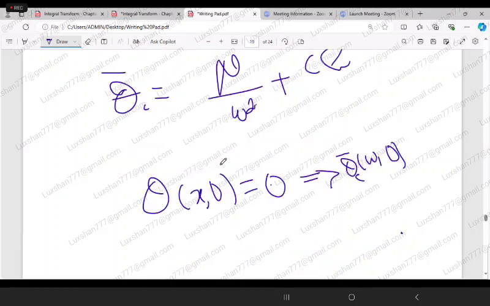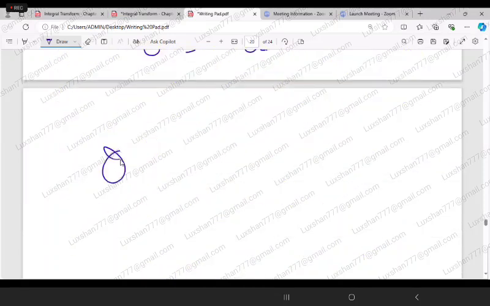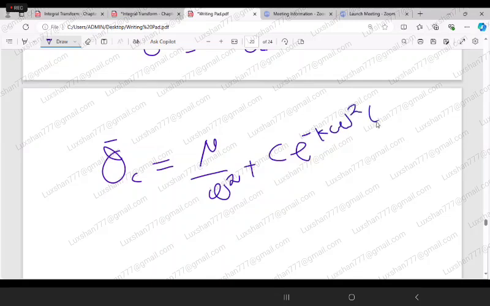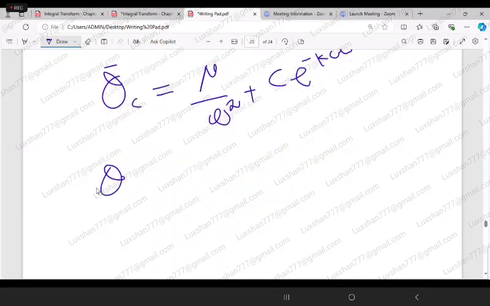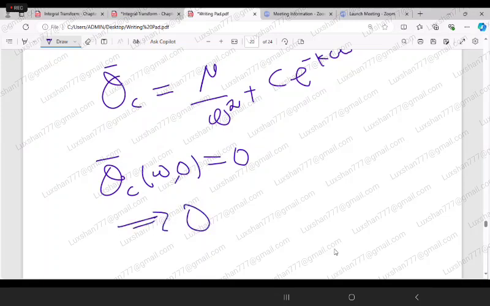Therefore, I have the function θ̄c is equal to μ over ω² plus c times e to the power minus kω²t. If I use the initial condition θ̄(ω, 0) equals 0, this implies 0 equals μ over ω² plus c.